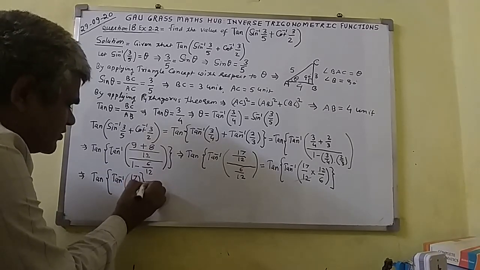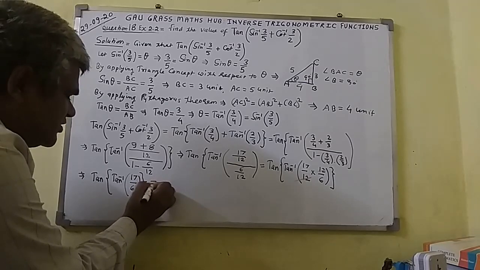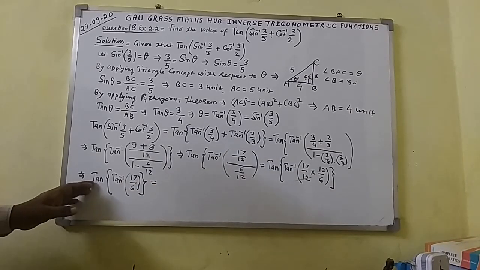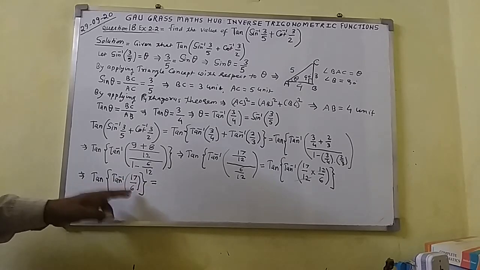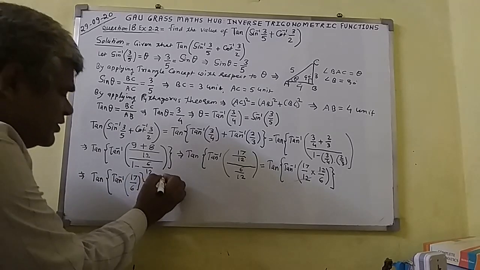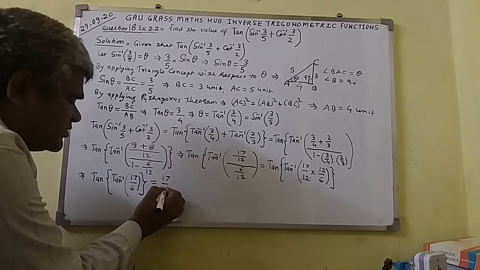Now close the curly bracket again. Now we will get tan, curly bracket, tan inverse 17 over 6.